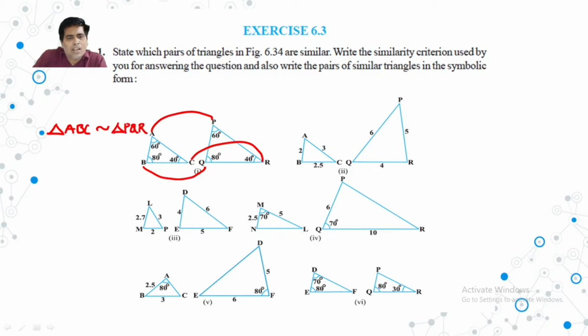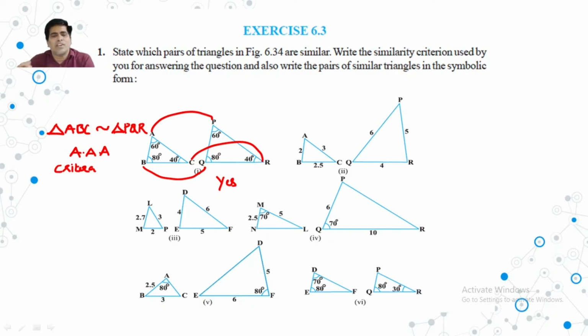So these two triangles are similar. By which criteria? This is the angle, angle, angle criteria. So this is the first problem. It's very easy to identify the AA similarity.